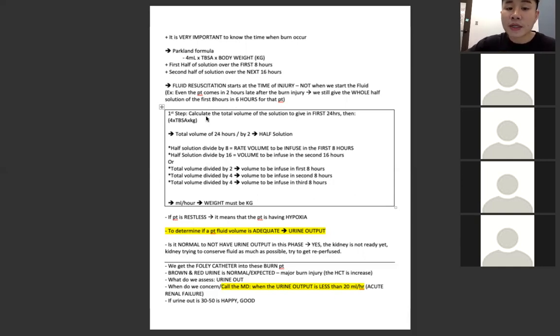The first step is we need to calculate the total volume of the solution to give in the first 24 hours. We use 4 times the percentage of the TBSA, then times the kilogram. In the exam, she might give you pounds, so you need to know how to convert from pounds to kilograms as well, okay?